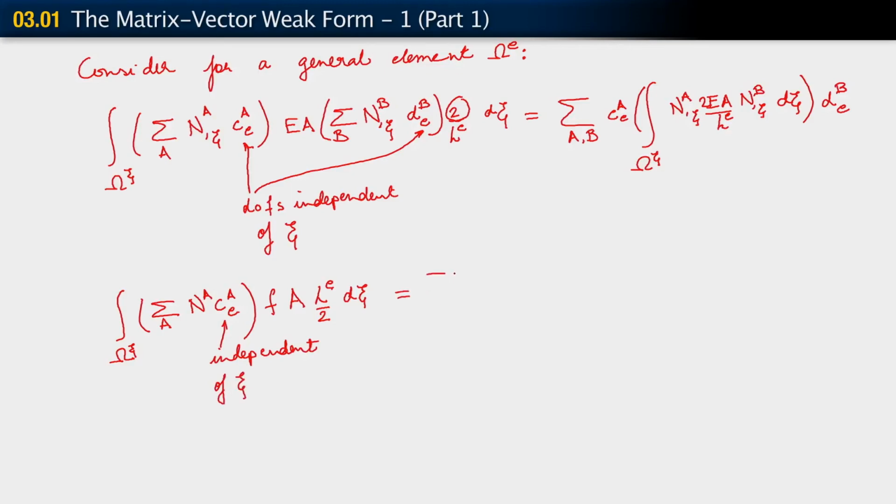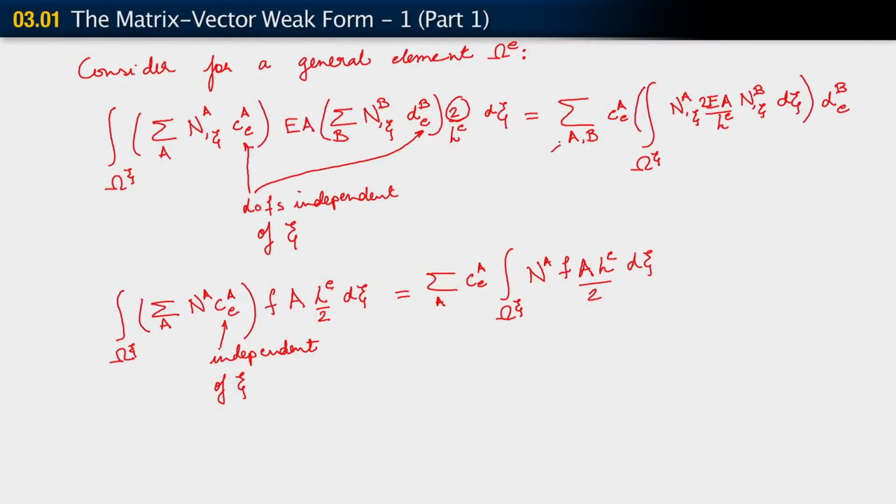We get the sum over a of c a e, integral over omega e of N a f a, and once again I'm going to put the h e here, in this case divided by 2, dxc. All right, this is what we have.